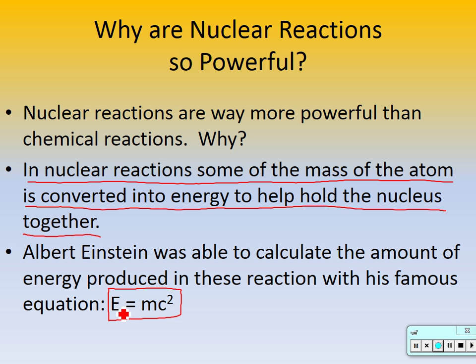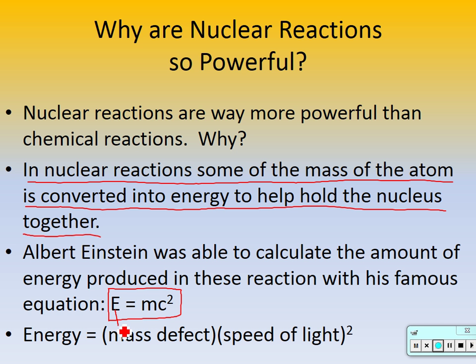Okay, let's talk about what these variables mean. What is E for? Energy. Do you have to write that? Let's see. Yeah. Okay, so energy is equal to, what's the M? Mass. The mass defect is what it's actually called, mass defect. And what does C stand for? The speed of light. But what do you notice about the speed of light? It's being squared.